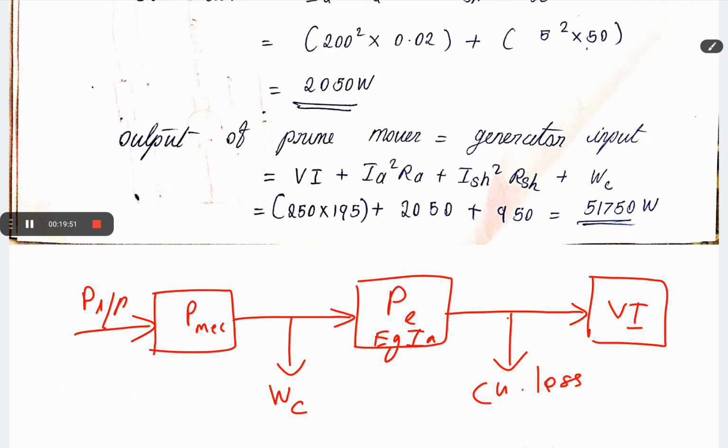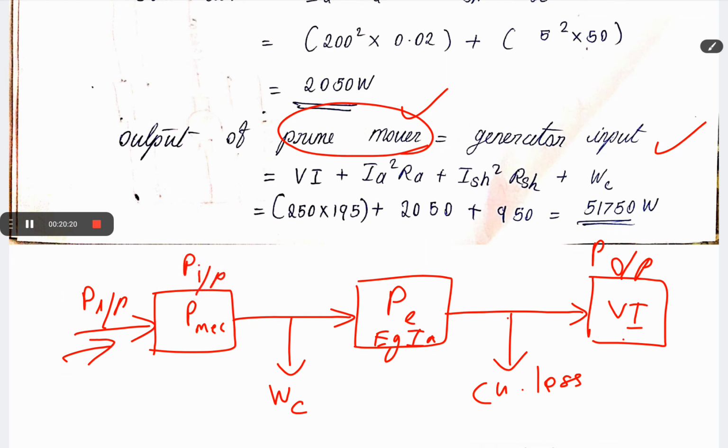So the output P output is VI. Output of the prime mover means it is the generator input. The prime mover gives the input to the generator, that is, the mechanical rotation to the shaft is given by the prime mover. So for output of the prime mover you have to find the power input.